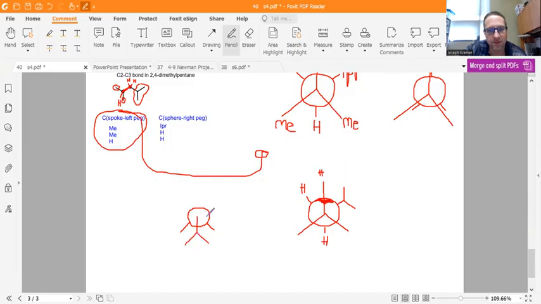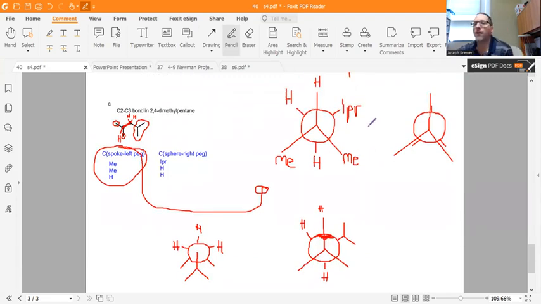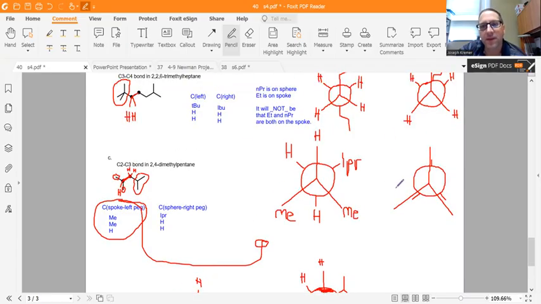Now it even looks worse. So that's not as good, not as stable. All the hydrogens above. That wouldn't have been as good. So it's best to put the isopropyl not in between the methyl and the methyl, but in between the methyl and the hydrogen.